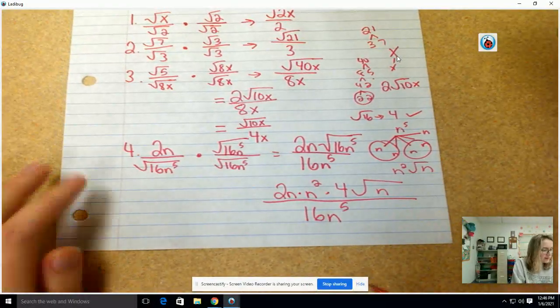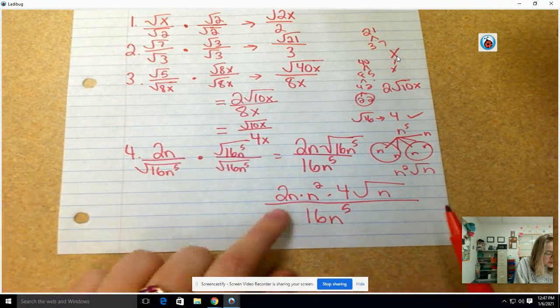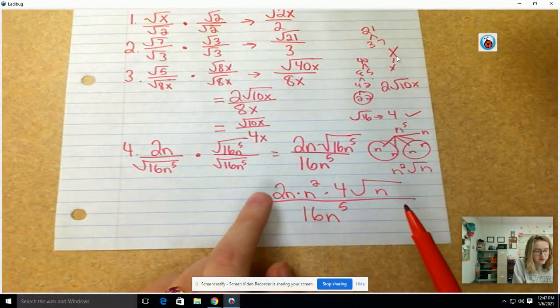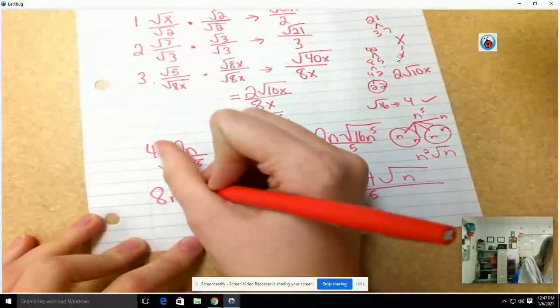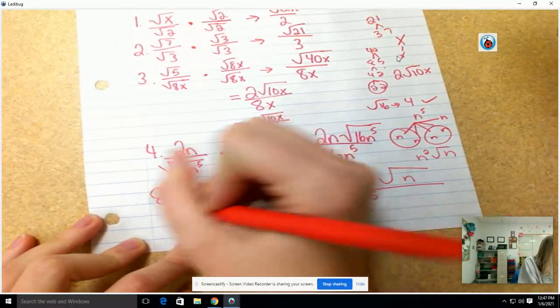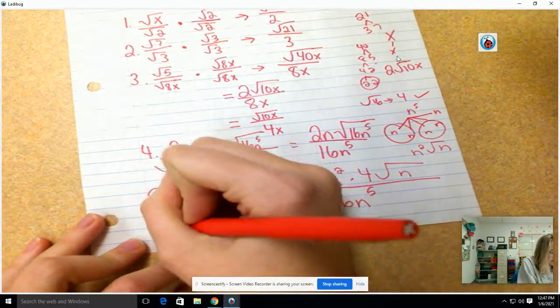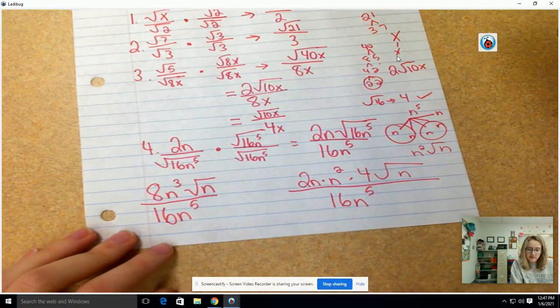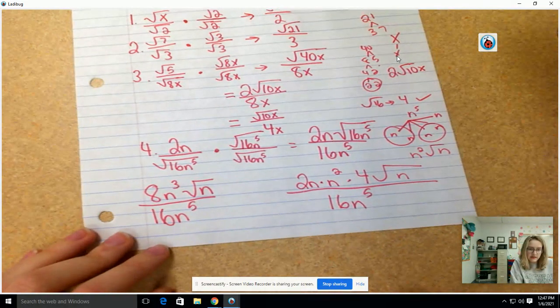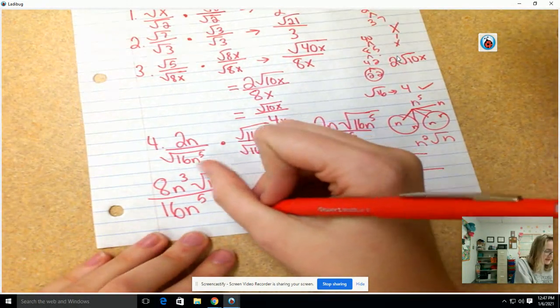I'm running out of room here, so we'll do it over here. 2n times n squared is 2n to the 3rd, times 4, which gives me 8n to the 3rd radical n over 16n to the 5th. Okay, and then I'm ready to simplify for my final answer.